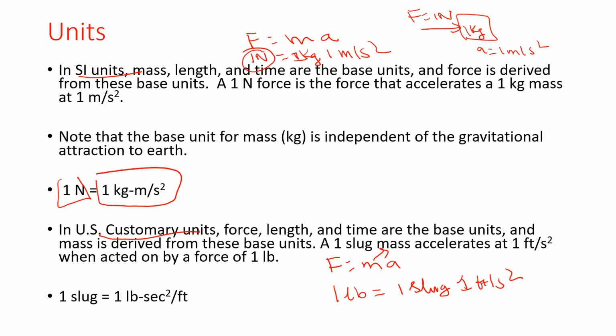So this is how the force is defined in terms of mass and acceleration. So here in US customary, mass has to be in slug and acceleration has to be in feet per second square. And if you just modify this, 1 slug is 1 pound second square per feet.